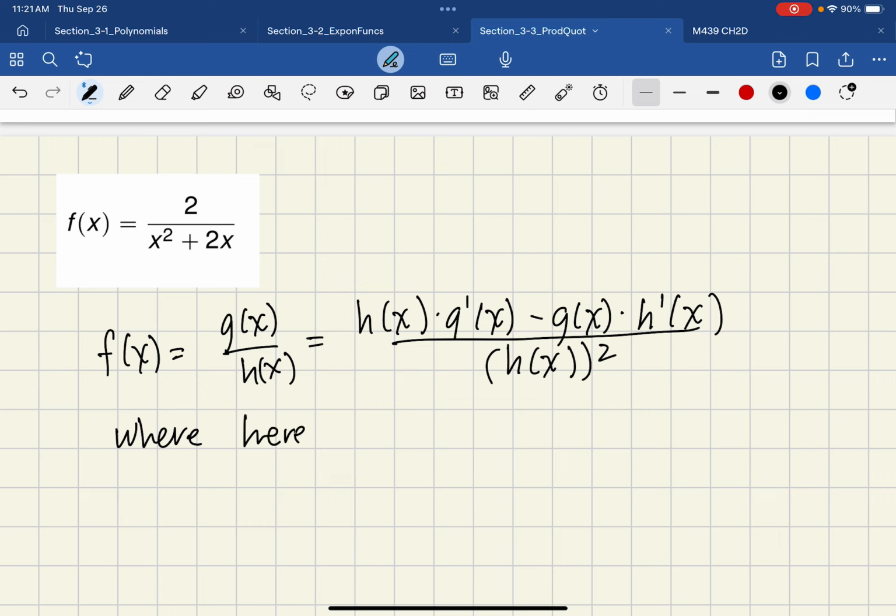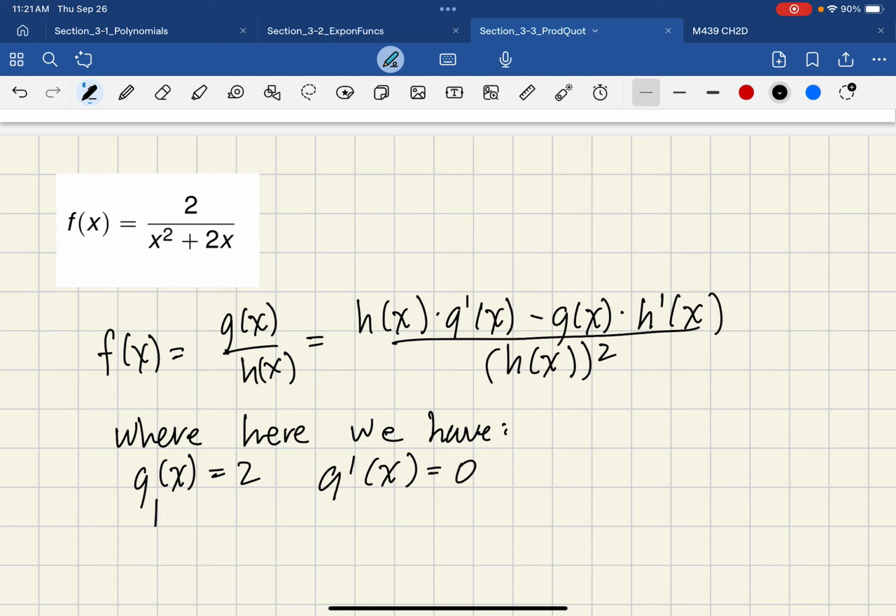Where here we have the following. On top g of x equals 2, so g prime of x is going to be equal to 0. And on bottom we have h of x equals x squared plus 2x, which means that h prime of x is going to be equal to 2x plus 2.